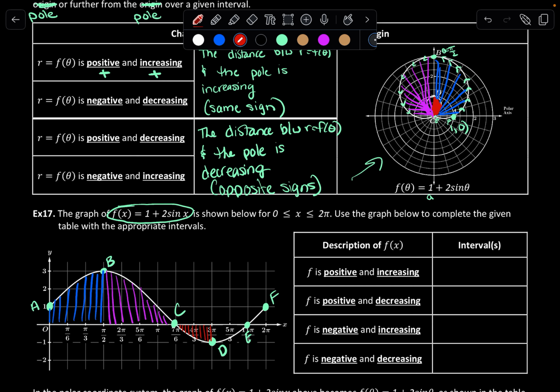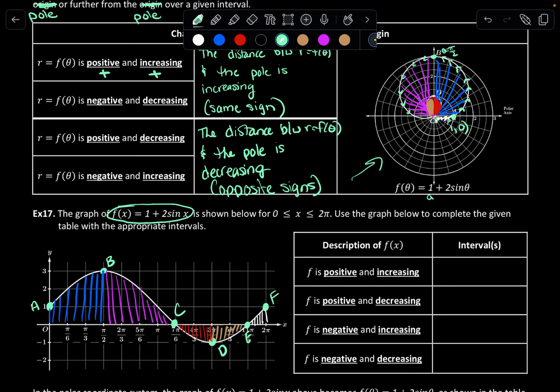And then this last one, now we are still negative, but we are getting closer to the pole, which means the distance from the curve to the pole is decreasing. And then one last time, this little section here, we are positive and we're increasing, which means that the distance from the pole to the curve is increasing, okay? So that's what we're going to be looking at.